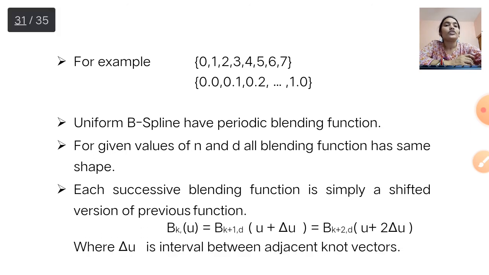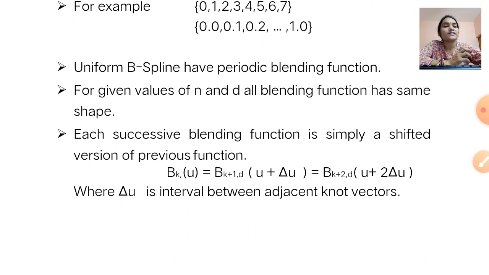Uniform B-splines have periodic blending functions for given values of n and d. All blending functions have the same shape. Each successive blending function is simply a shifted version of the previous function.